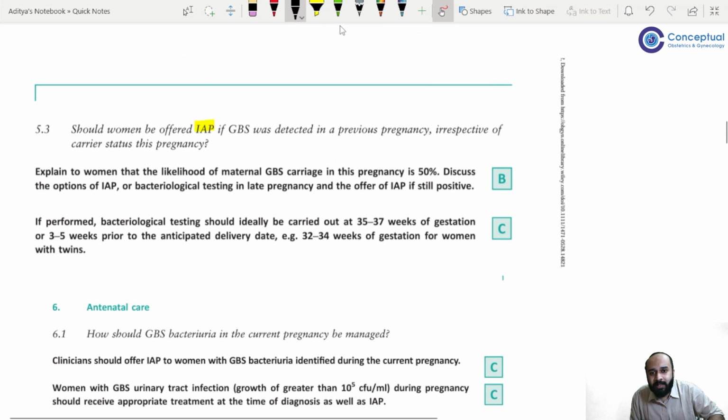So if a female is detected with this at some point in her gestation, so should I be giving her antibiotics antenatally? Then no. The answer is during pregnancy antibiotics से कुछ मतलब नहीं है. क्यों? क्योंकि the GBS, the bacteria is not present inside the membranes already. It is present in the lower genital tract.